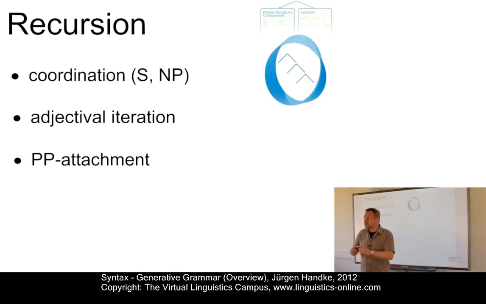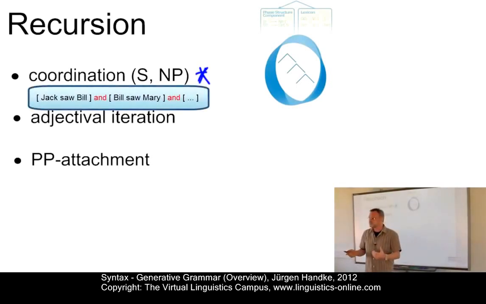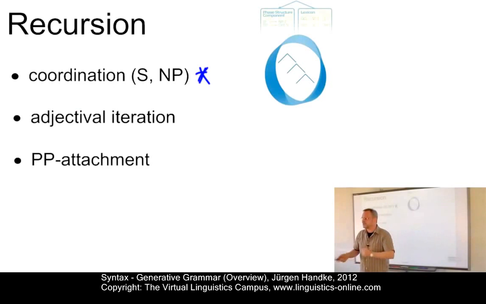Well, let's look at these examples of recursion or iteration first. The first one is called sentence or noun phrase coordination. So here we have examples such as Jack saw Bill, and Bill saw Mary, and Mary saw Jane, and so on and so forth.